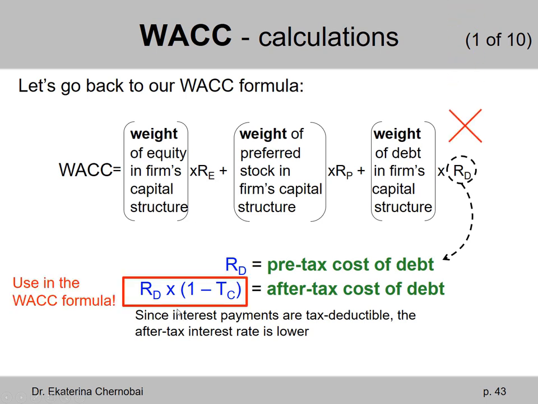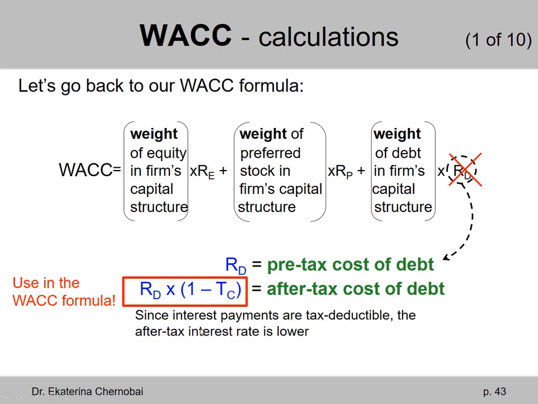What we need to use in the WACC formula is actually the after-tax cost of debt. Why is that? That's because loans for businesses, which include bonds that firms issue, have tax-deductible interest payments.